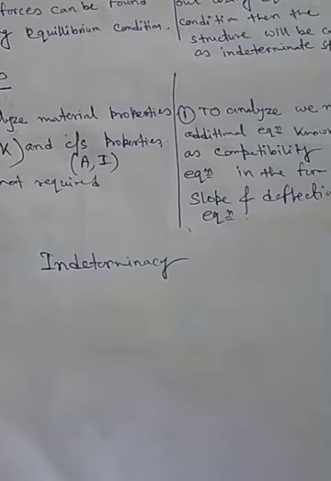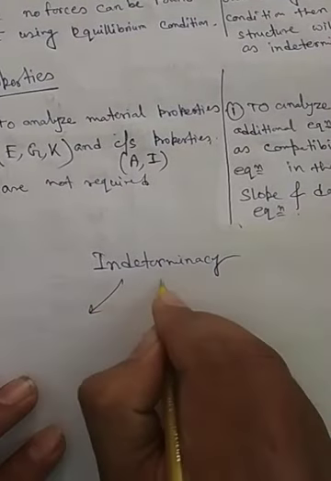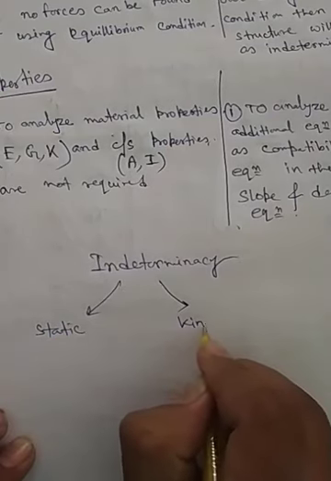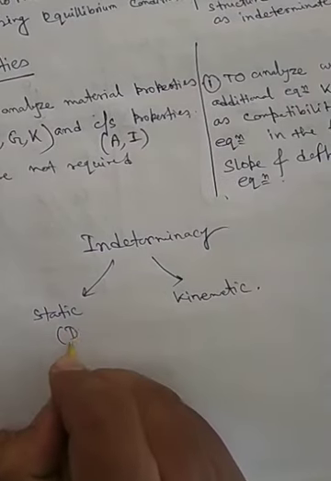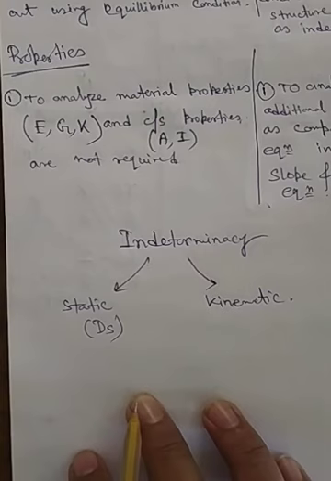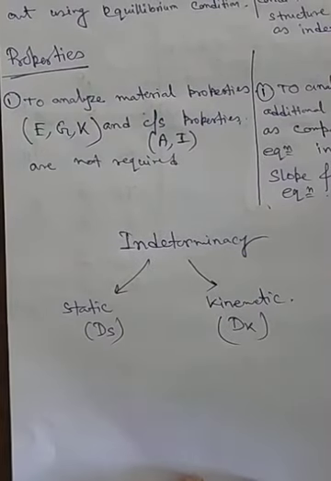So what is static indeterminacy and what is kinematic indeterminacy? Let's write it out. So there are two parts, static and kinematic, right? In static we denote this as Ds and kinematic Dk, D suffix k.